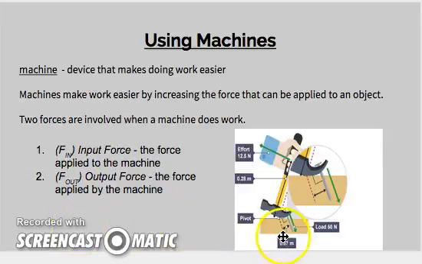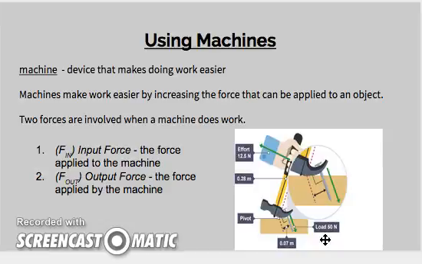When we look at the output force over here, we've got a load of 50 newtons that is being moved by the machine. The input or effort force was only 12.5 newtons, but the machine increased that by almost 3 times as much, a little bit more than that.